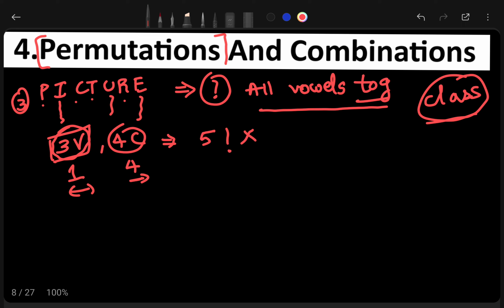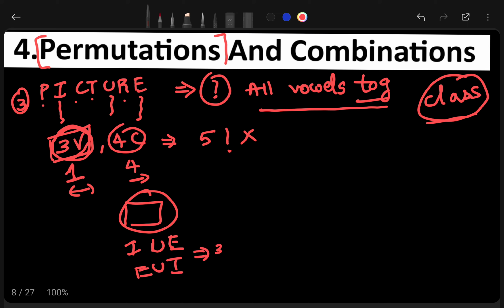But dude, just a minute. Here this one group consists of 3 vowels. So 3 vowels should be in a group, but he did not say that I should not internally permutate them. It can be I, U, E, even E, U, I, I can even internally permutate them, which gives me 3 factorial ways, right? See, 3 letters.